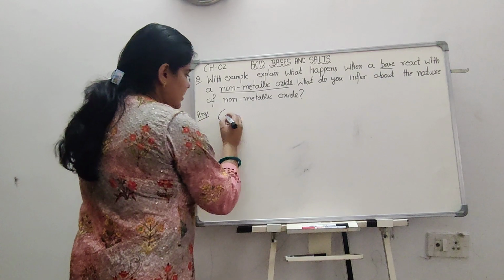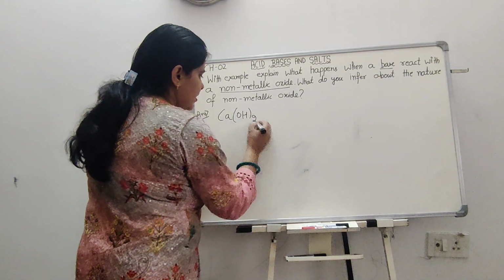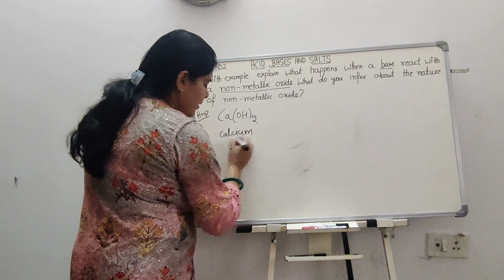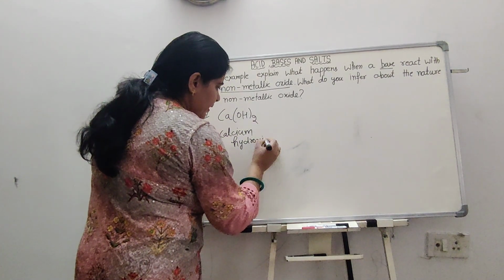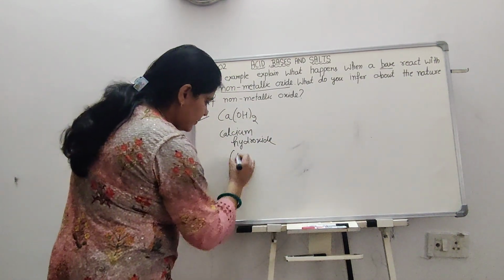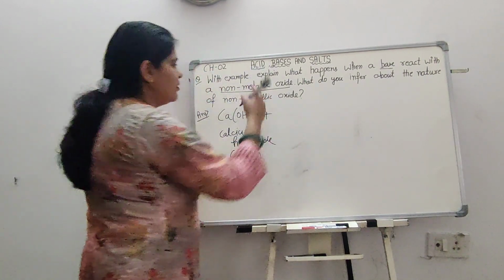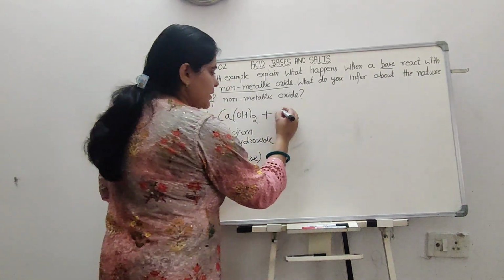Let's consider this example. The base is Ca(OH)2, calcium hydroxide. It is a base. And for the non-metallic oxide, let's take the example of carbon dioxide.